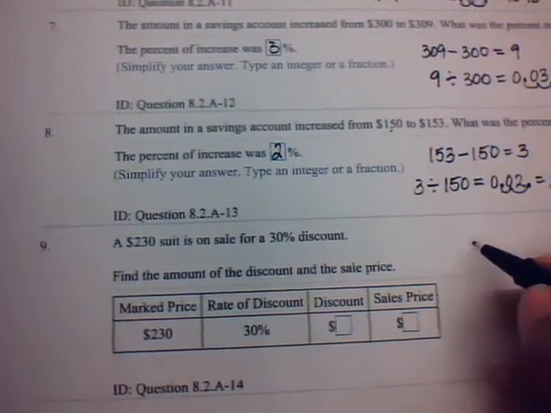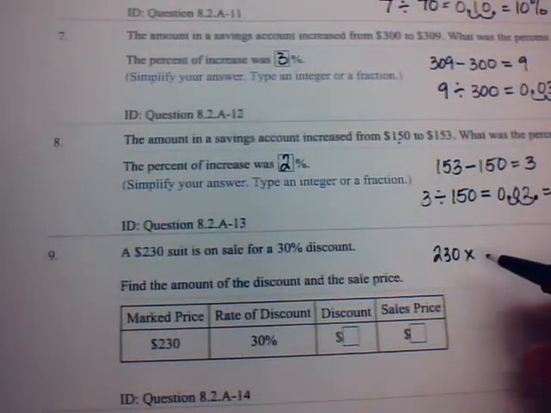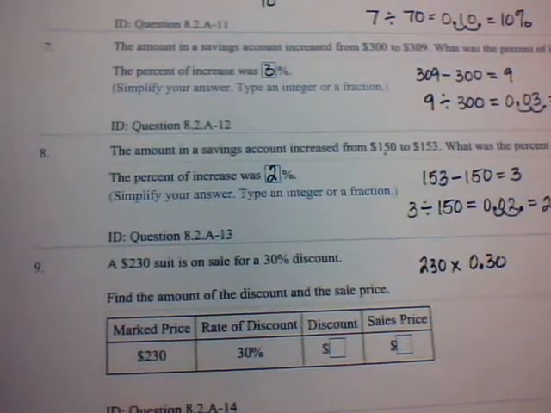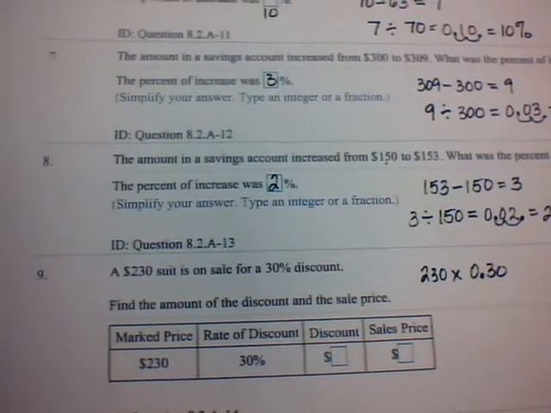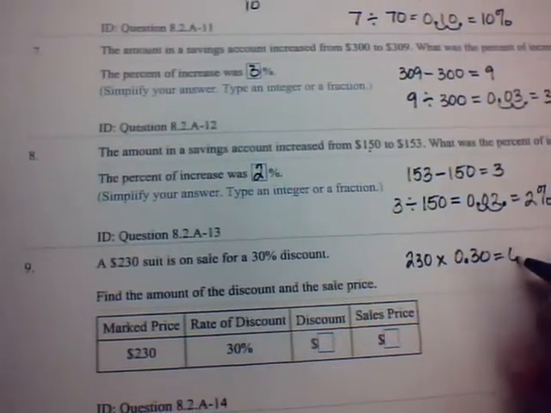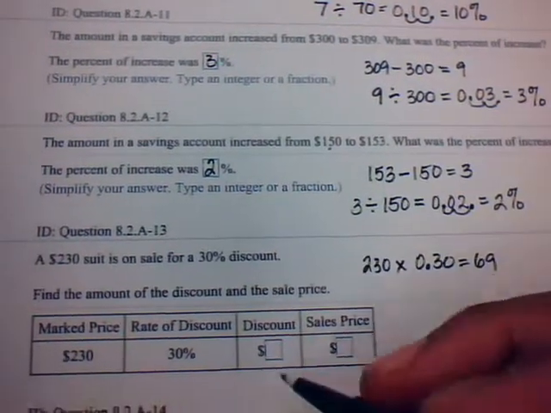So let's do this. 230, we're going to multiply that by 30%. Well, 30% as a decimal is 0.30. So do 230 times 0.30, which will be $69. So the amount of that discount was $69.